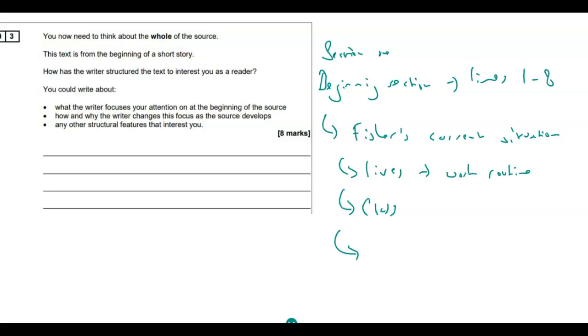And so this very much introduces the character, gives the setting, and also gives us a bit of an insight into his mind as well.